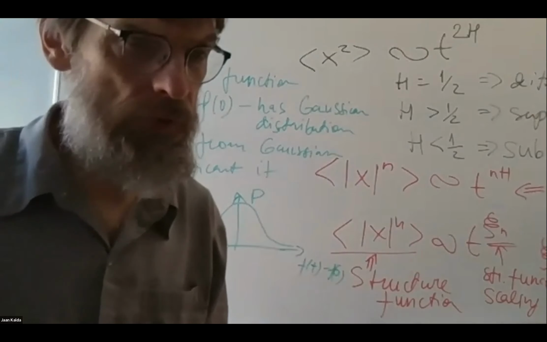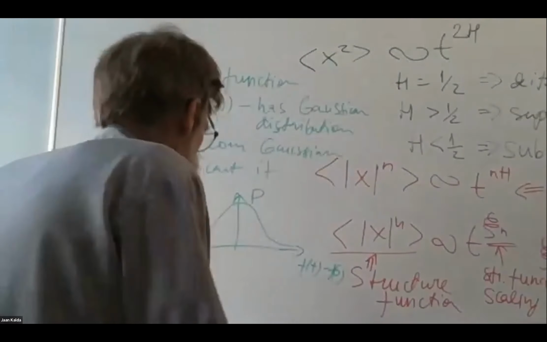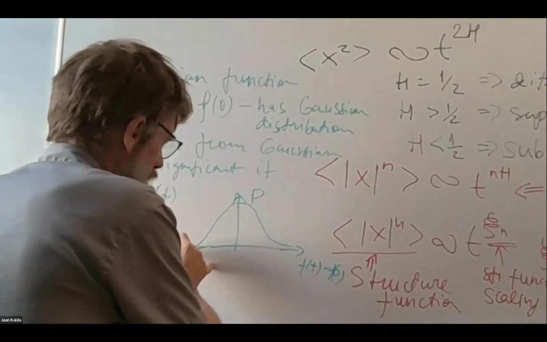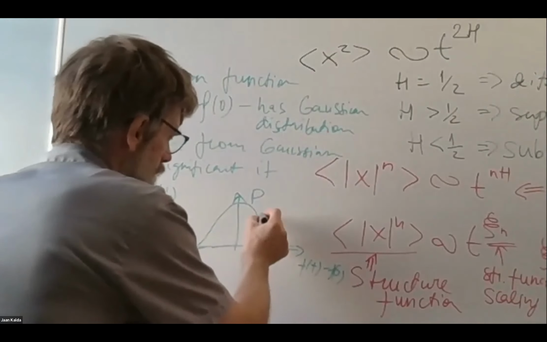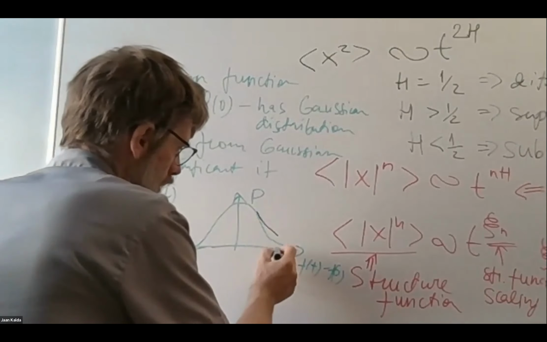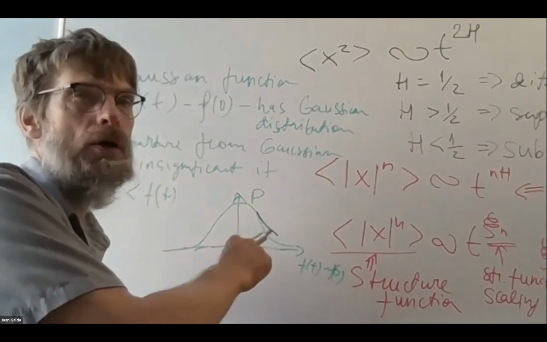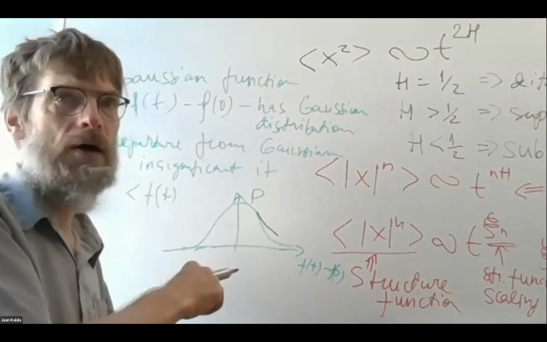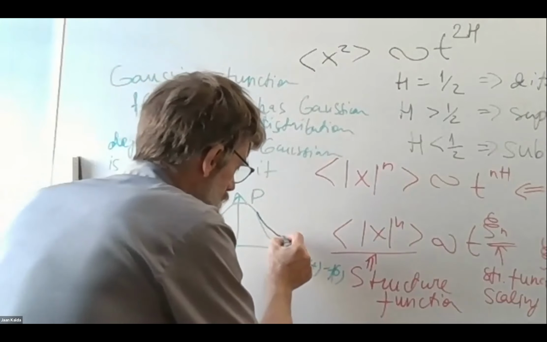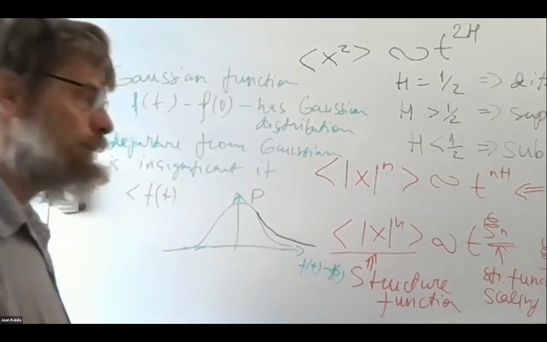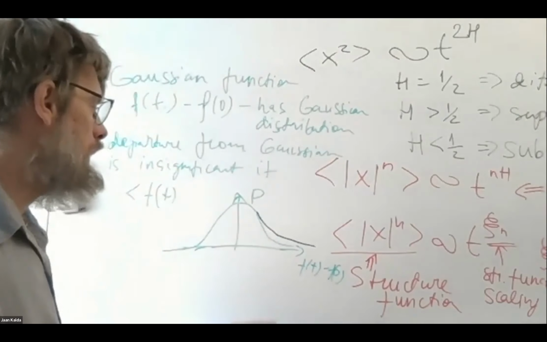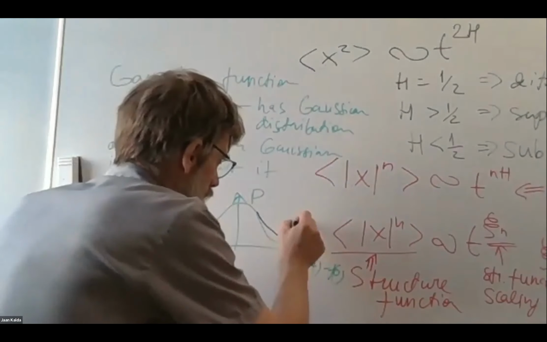But a departure becomes significant if you have so-called fat tails of this distribution. Gaussian decreases very fast, e to the power of minus x squared. If it goes exponentially, or even slower as a power law, then this is a fat tail.